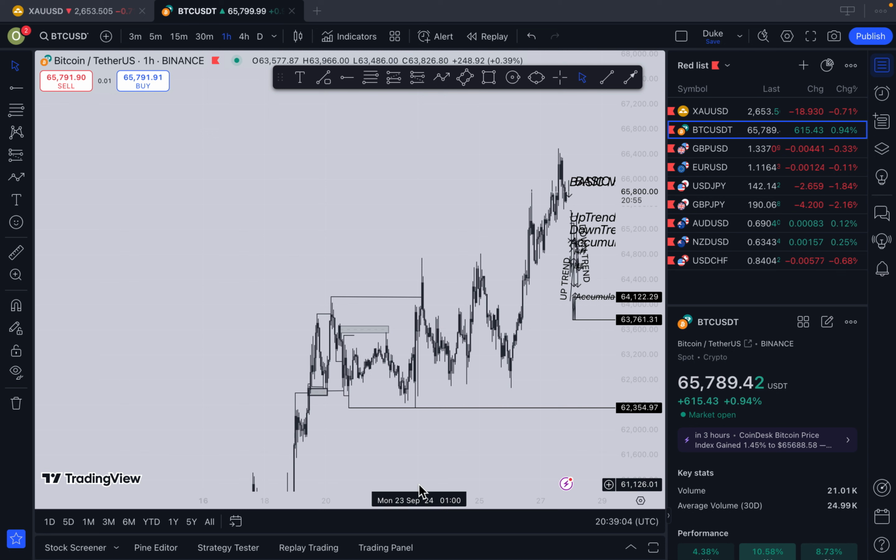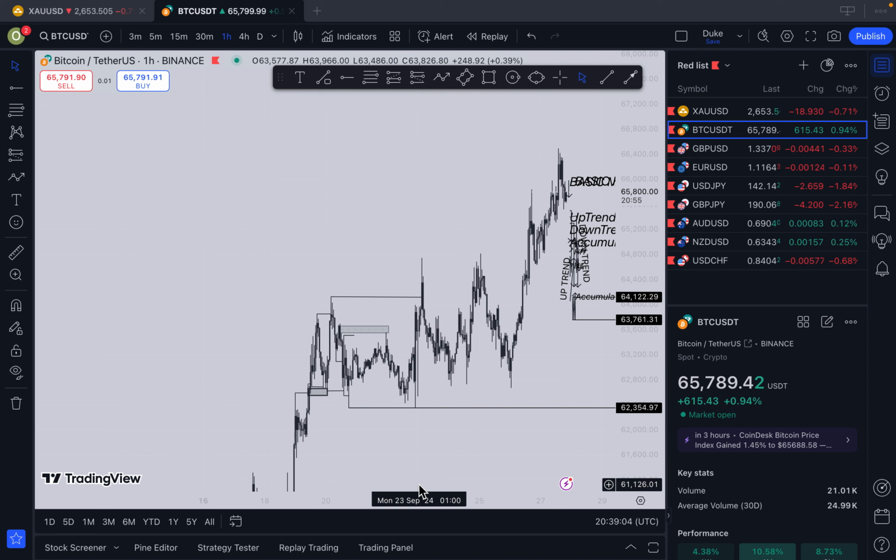Then when you see an accumulation, let's look for accumulation. Right here can be. Alright, let's just use this. This is an obvious accumulation.